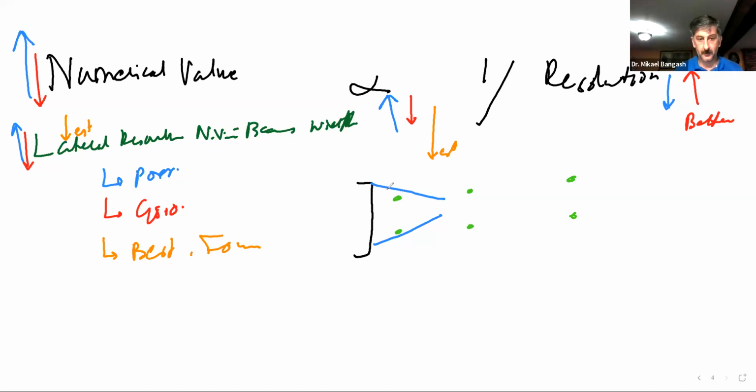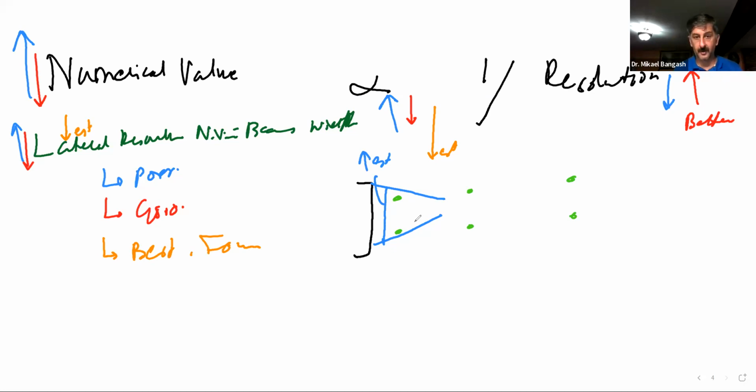Since the width of the beam is greatest here, the distance between the two structures is the same compared to here, but this wider beam gives a greater numerical value of the lateral resolution, which will cause it to be poor.